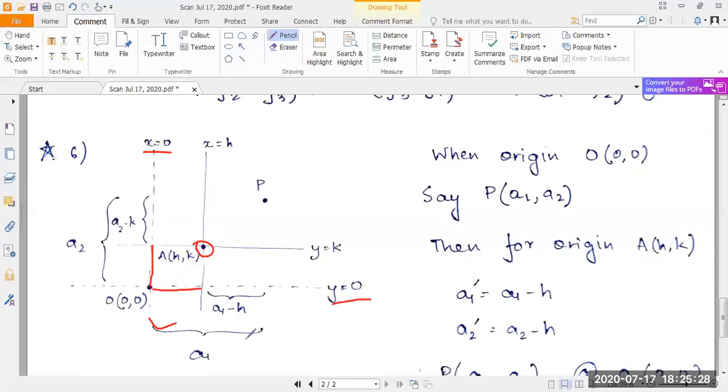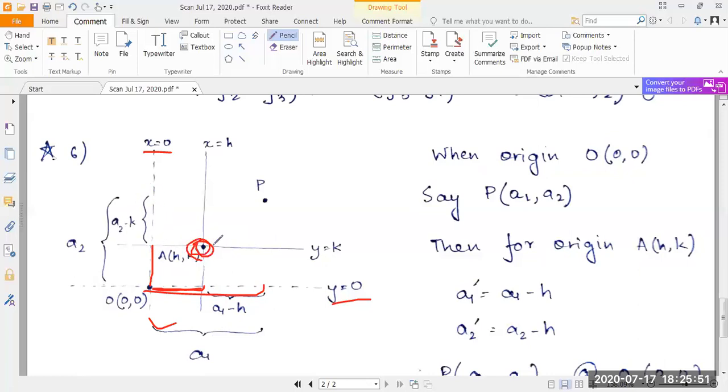So if the horizontal distance between O and P is A1 and this distance is h, then automatically this distance becomes A1 minus h. Similarly, we get this distance as the total distance A2 minus the ordinate of point A, which is k. So we get A2 minus k as this distance.